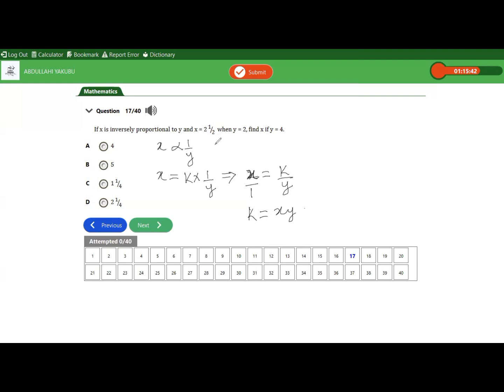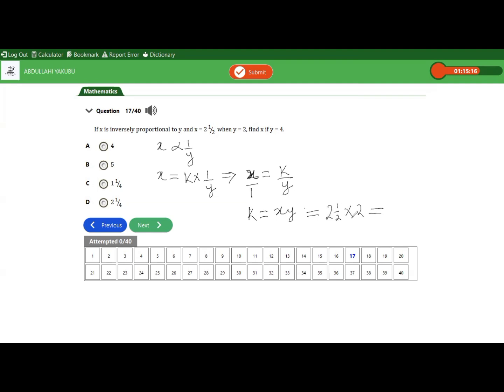Now, they said x is equal to 2 whole number 1 over 2 when y is equal to 2. So given that x is equal to 2 whole number 1 over 2 when y is equal to 2, k is equal to 2 1/2 times 2.